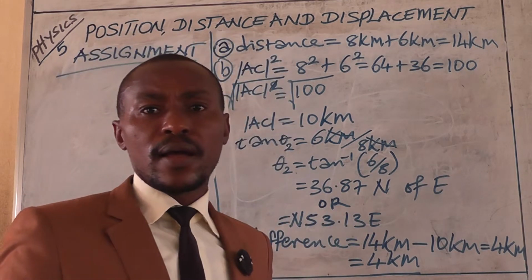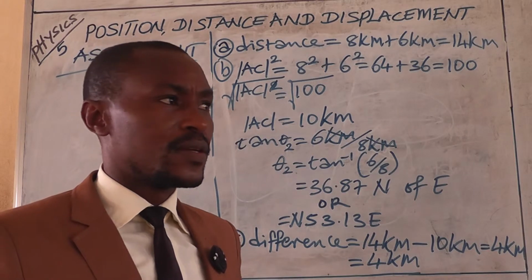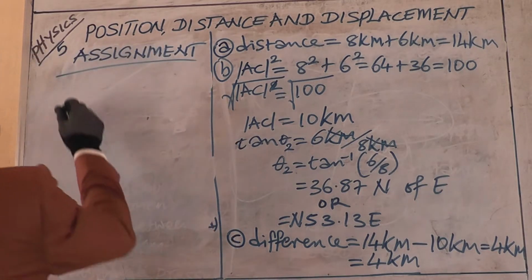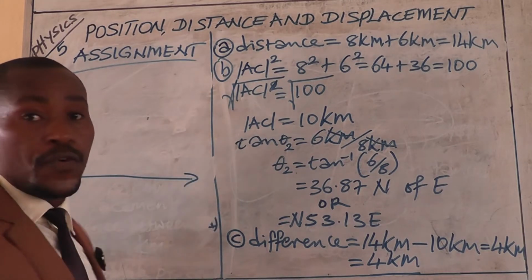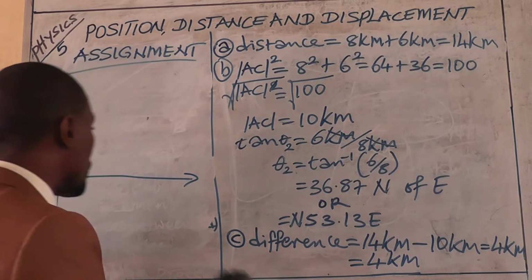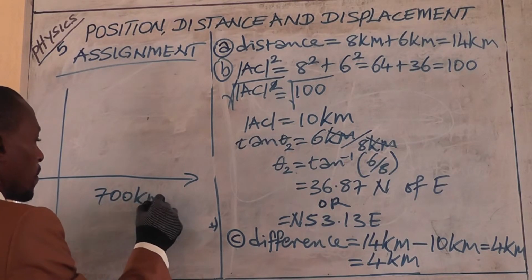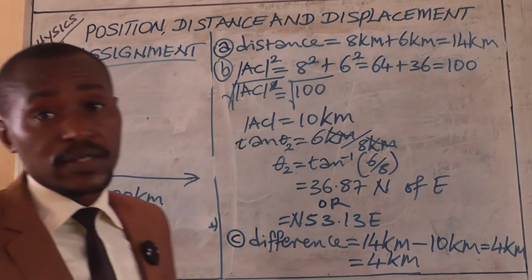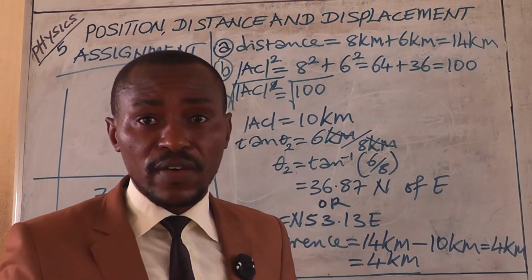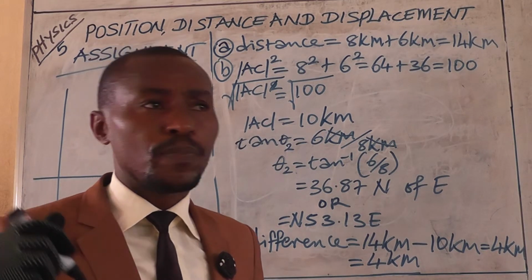If Mr. Onuche Jerome Zakari moves eastward, covering 700 kilometers, when he covers 700 kilometers, he discovered that something fell off and he has to go back to pick that thing.